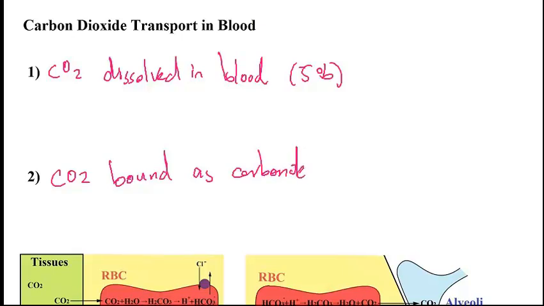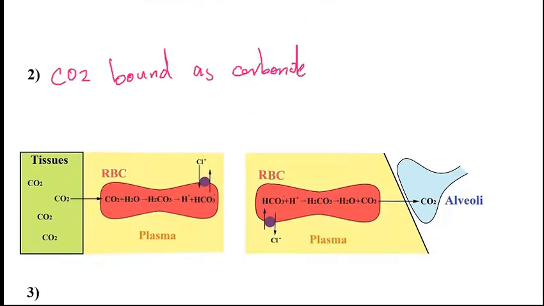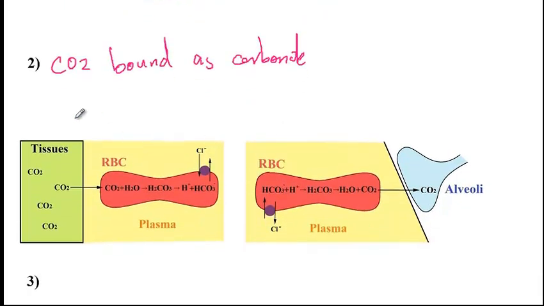So inside the red blood cells there is an enzyme called carbonic anhydrase. So carbonic anhydrase combines CO2 and water in order to convert them into carbonic acid.